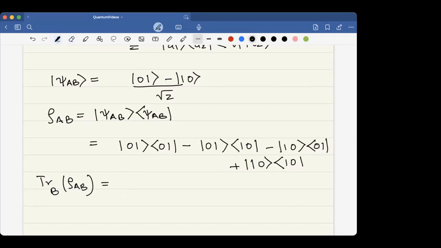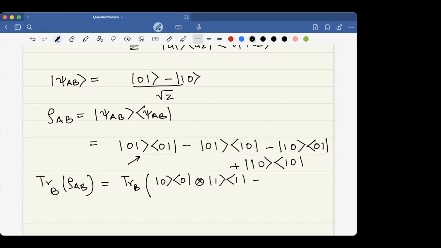So suppose I do the partial trace over the second subsystem, I can write this as the trace over B. I can write this state as ket 0 bra 0 tensor ket 1 bra 1, and then similarly I can write the other terms.